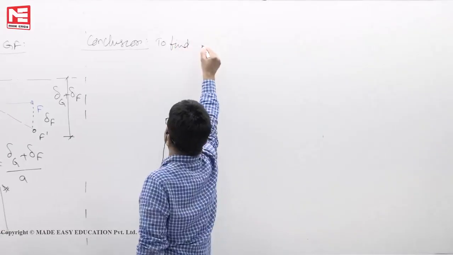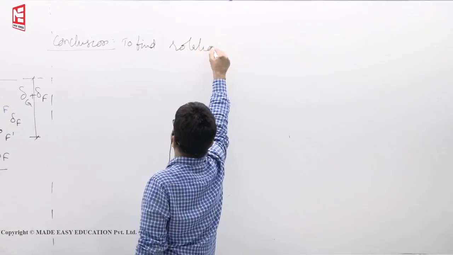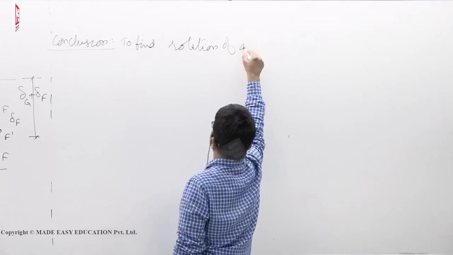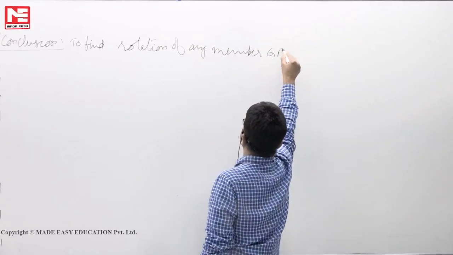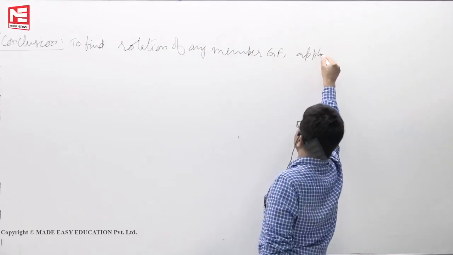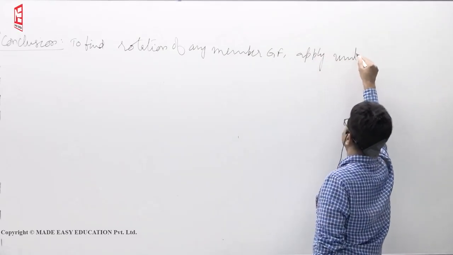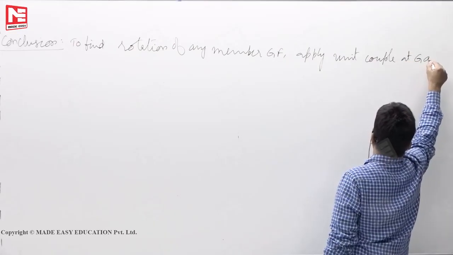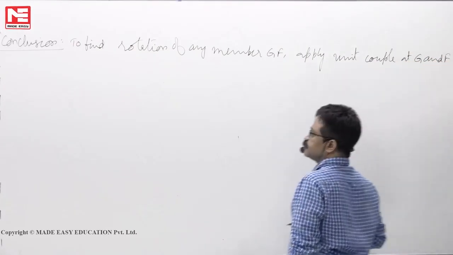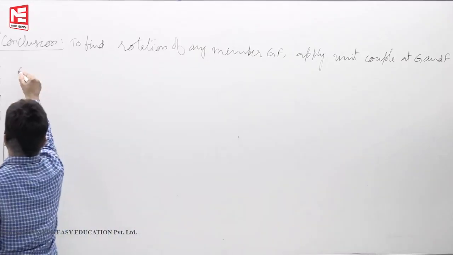To find rotation of any member GF, apply unit couple at G and F as shown in figure.